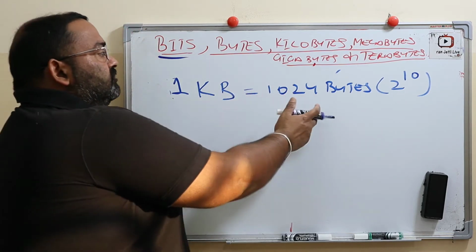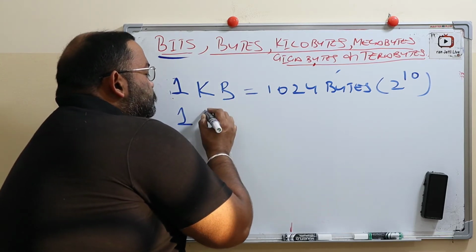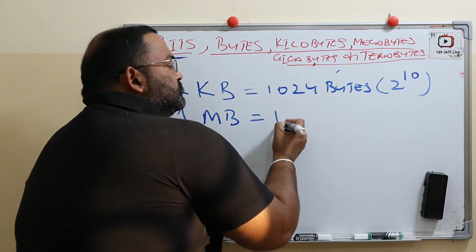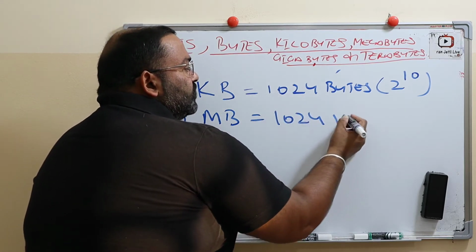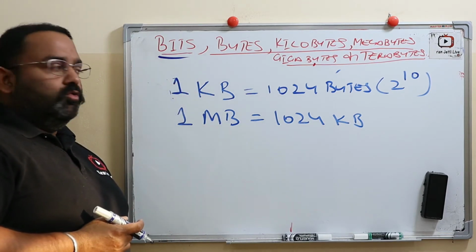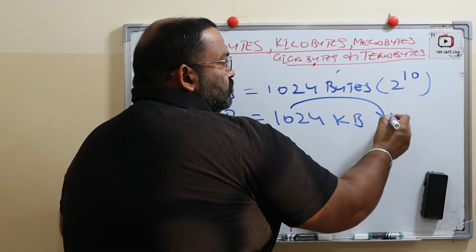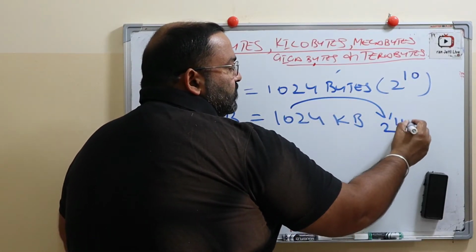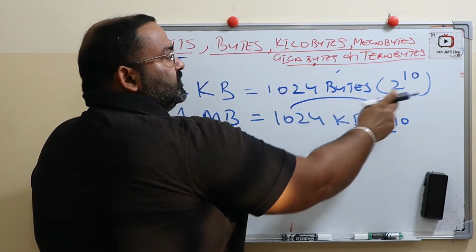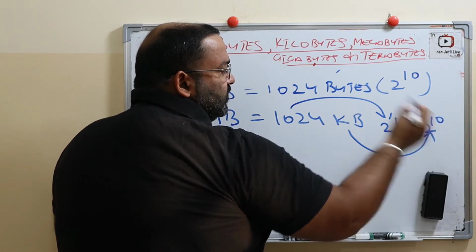Now then comes megabyte. Then comes 1 megabyte, the next unit. 1 megabyte again is 1024 kilobytes. Now guys, what is 1024? 1024 you know is 2 power 10. And what is 1 kilobyte? 1 kilobyte is also 2 power 10.